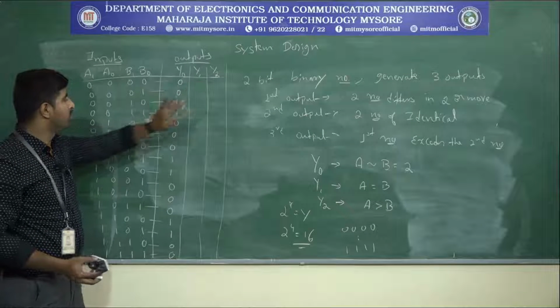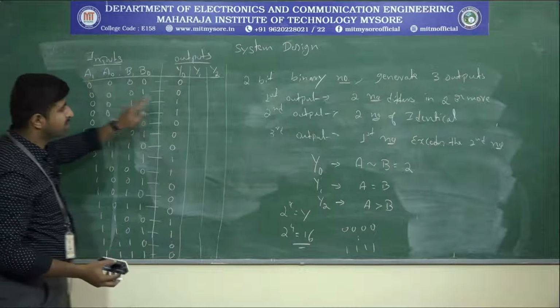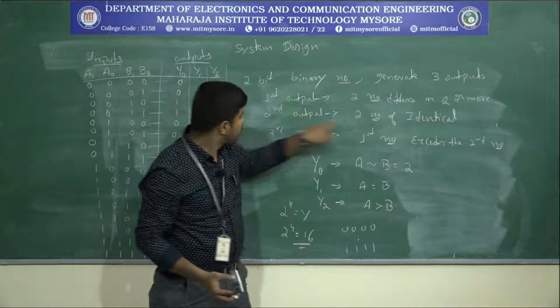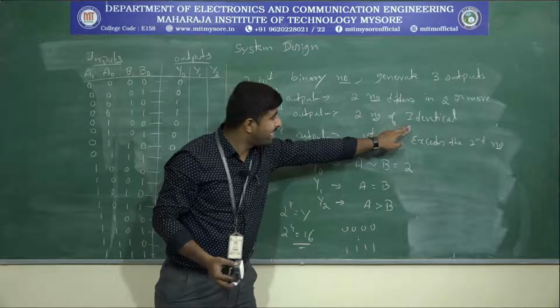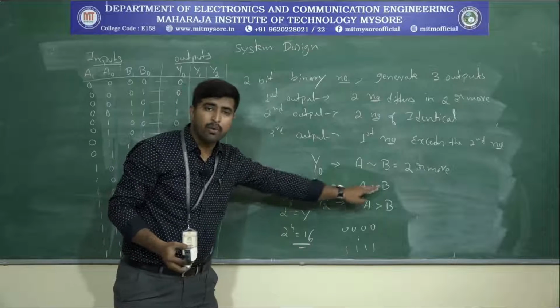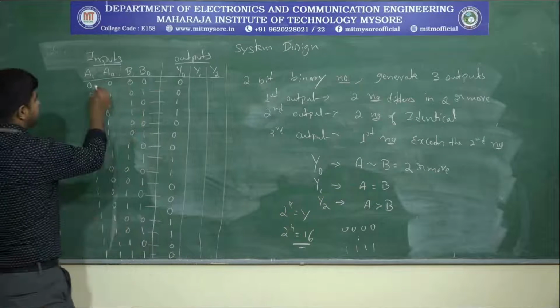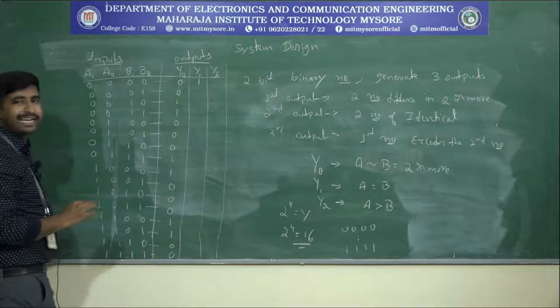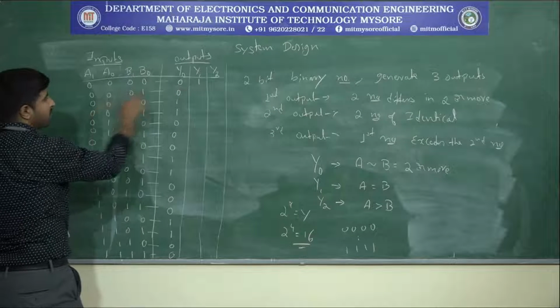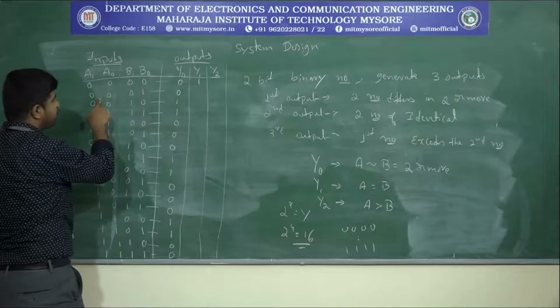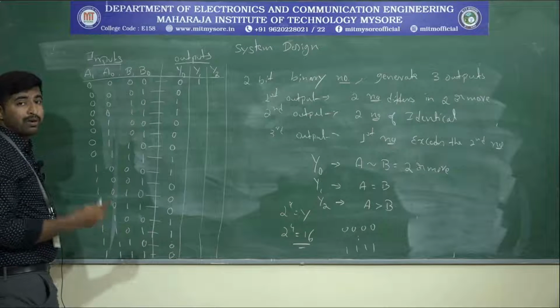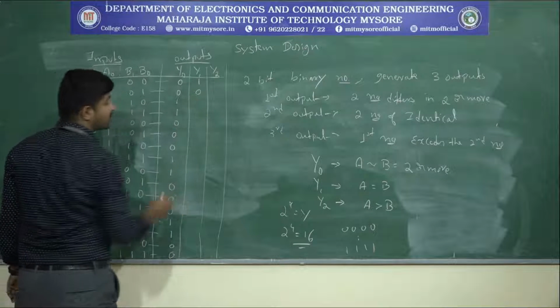So let's see Y1. What is Y1? When the two numbers are identical, Y1 equals 1, that is, A equals B. For 0, 0, identical values, the output will be 1. For 0, 1, the output will be 0 because the values are not identical.